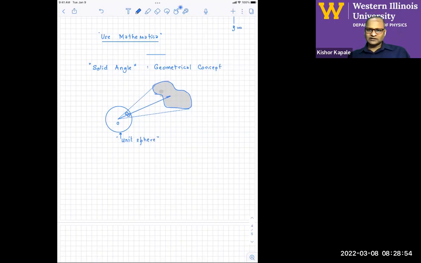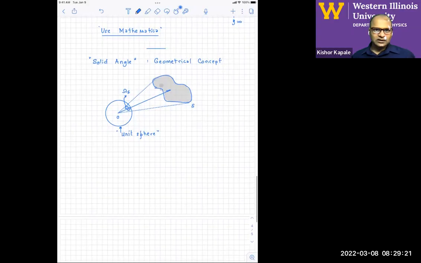If you basically animate that position vector over the whole surface, it will cut through a picture like the one I have shown here, right? So that's the projection. Let's label this omega S. That's the solid angle of this surface S projected onto the unit sphere.